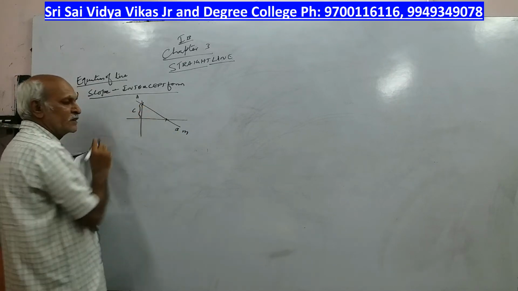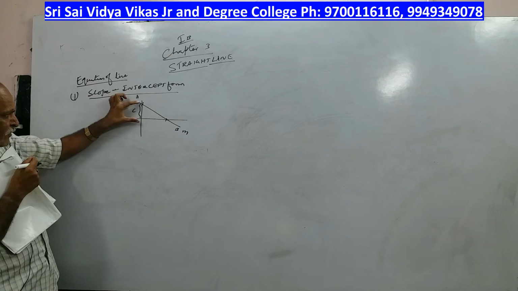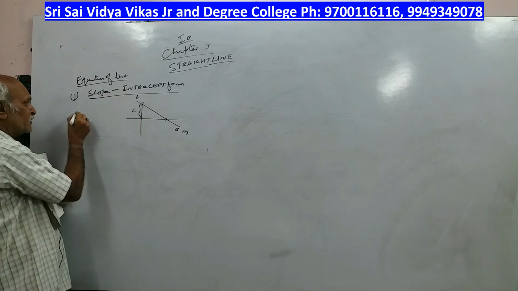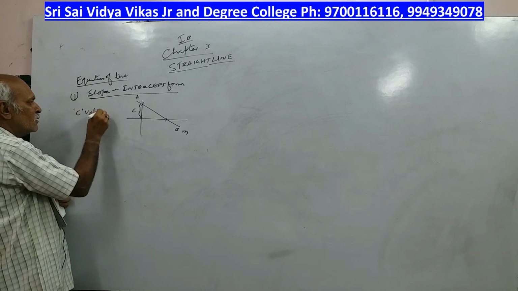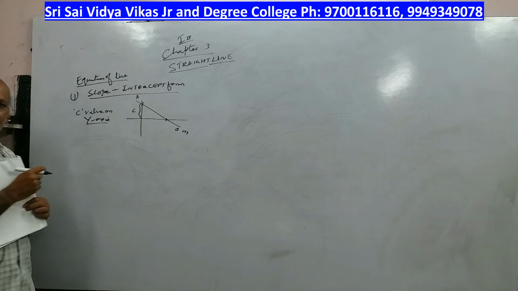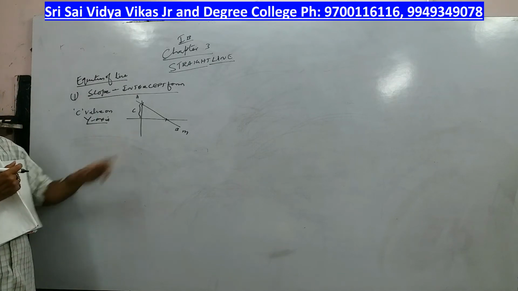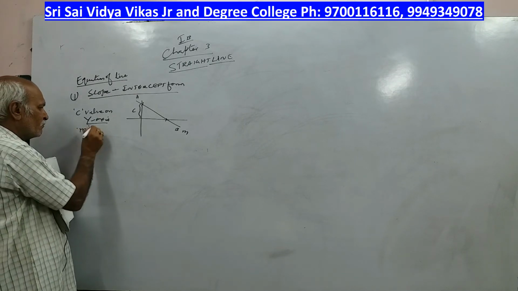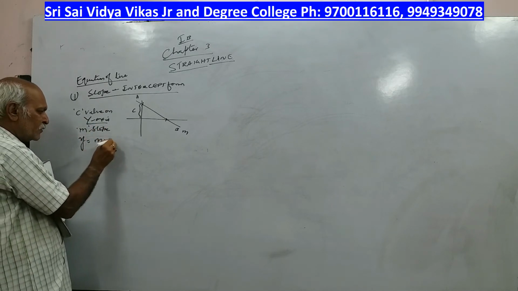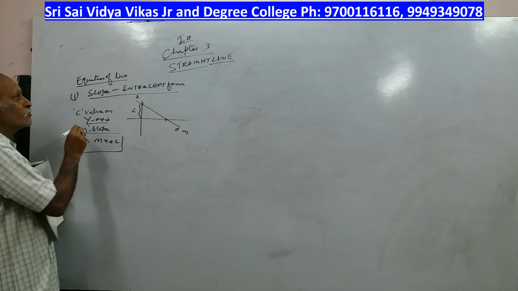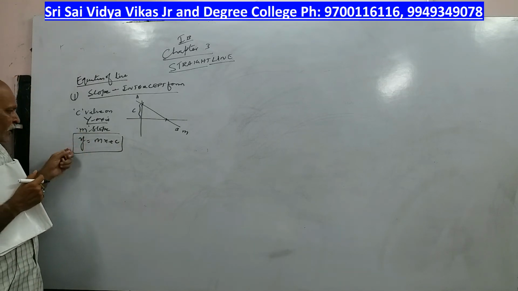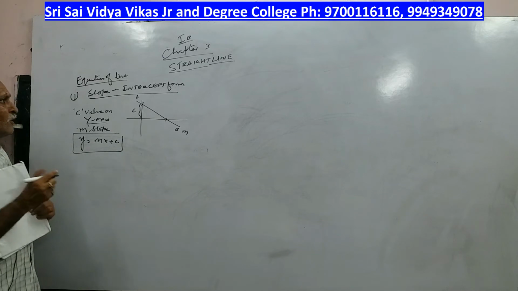It is making some value C on the y-axis. C is the value on the y-axis, right? And the slope is M. Therefore, the formula is y is equal to mx plus c. This is called the slope intercept form. Y is equal to mx plus c. Okay.